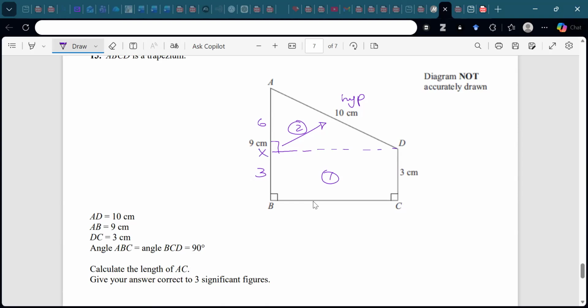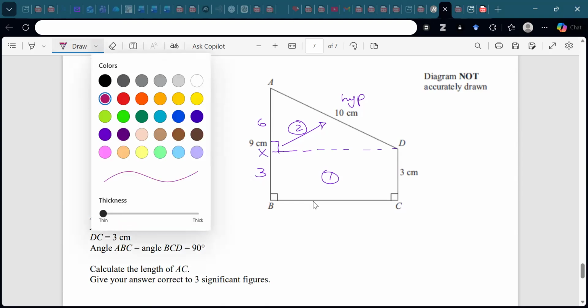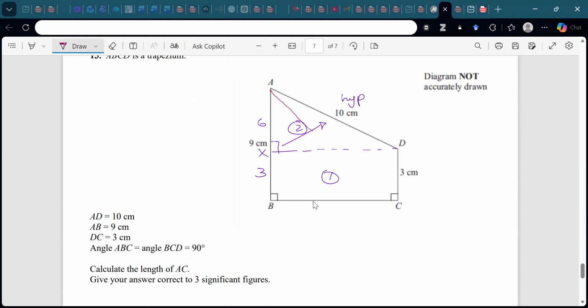So if we want to find the length from A to C, I want to point out something to you. In order to find the length AC, we have to first know what this length is, which is BC. BC is parallel to D to X, so that means they are parallel and equal.